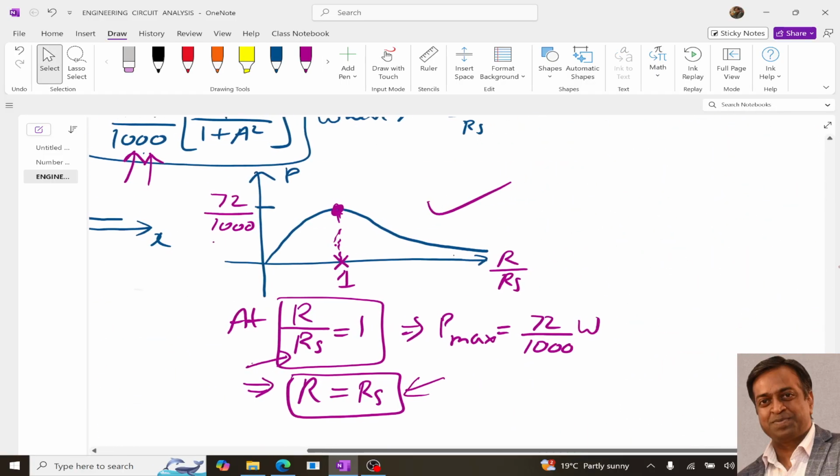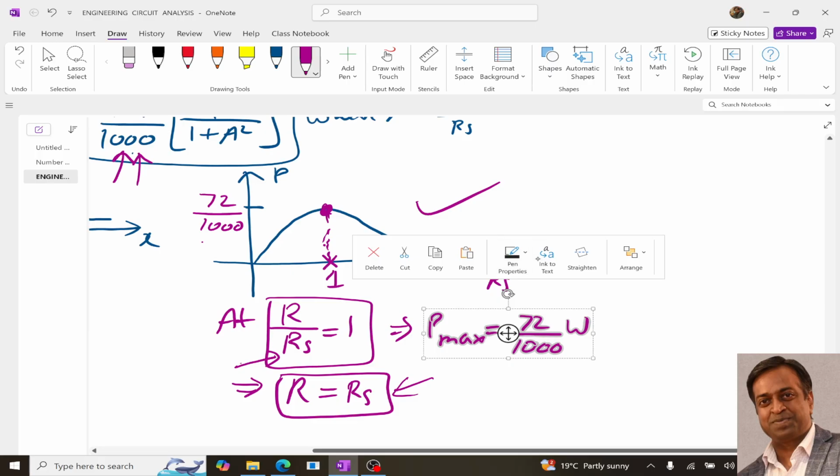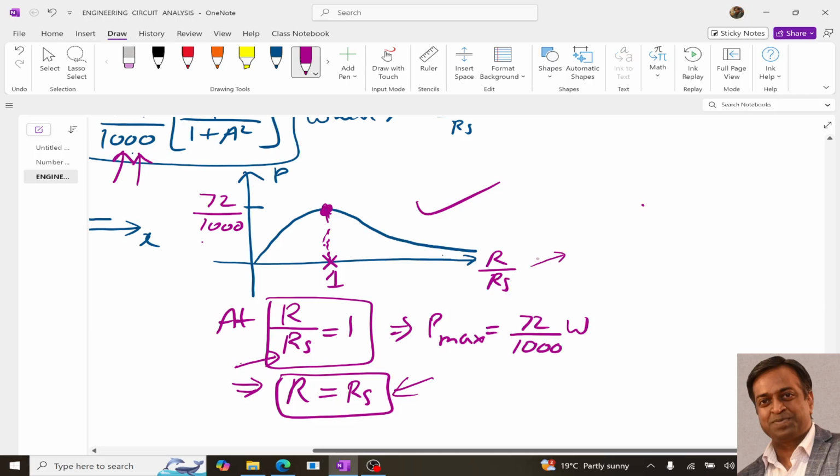So for 0 to 3000, R is 0 to 3000, and RS is 1000.